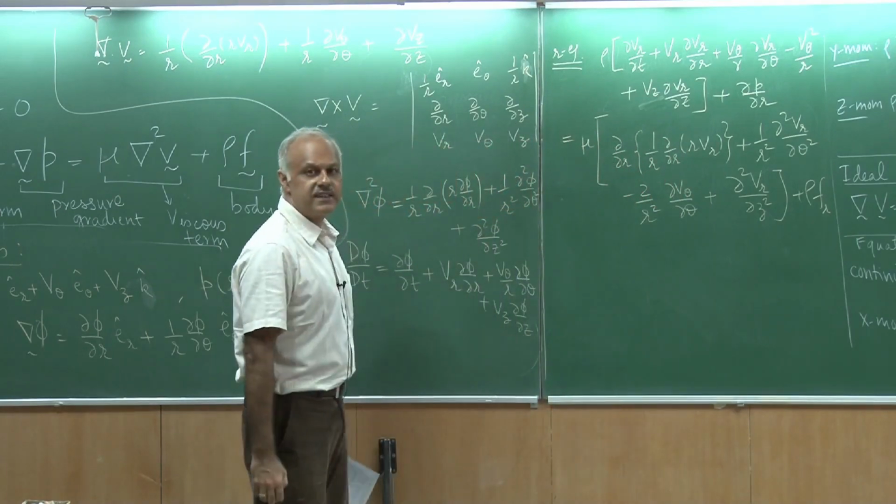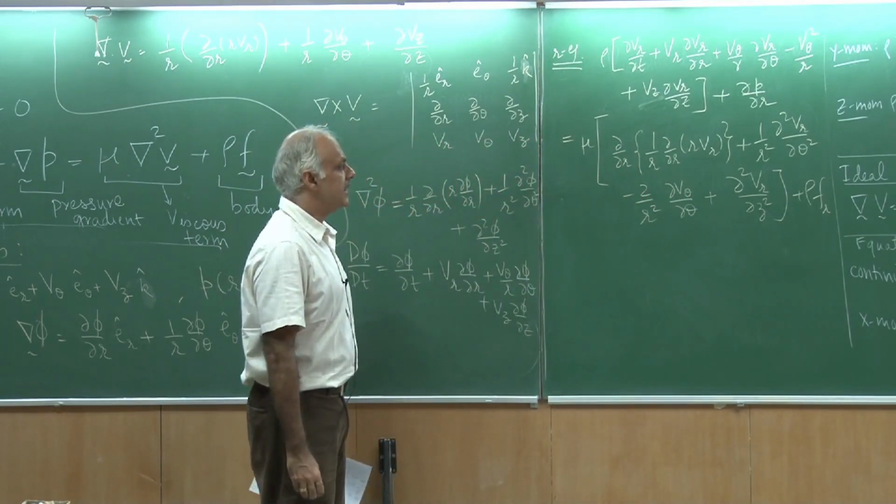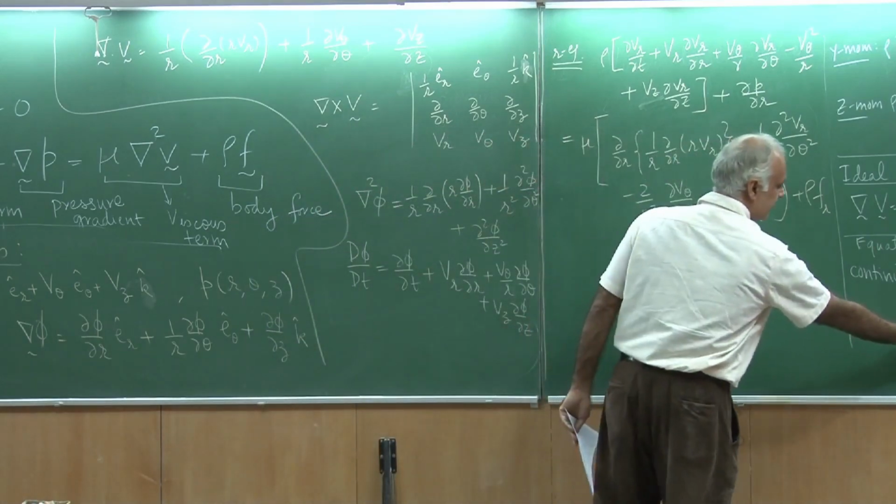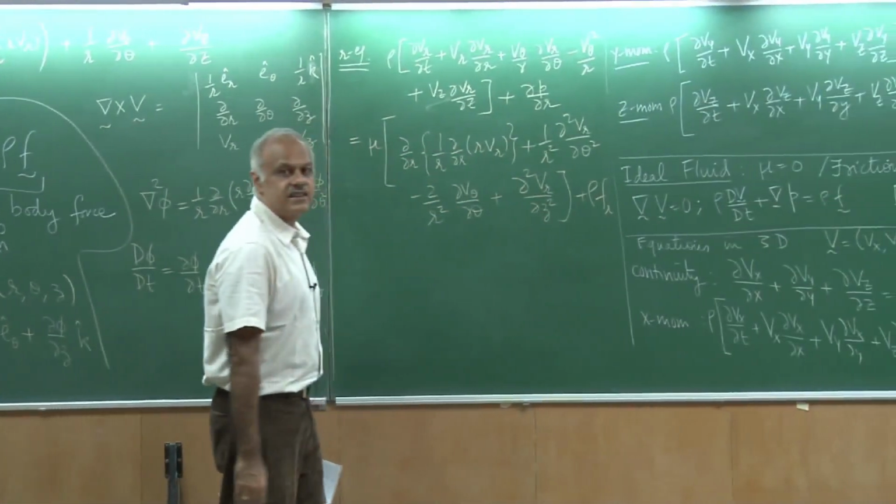So this is the r momentum equation, and you will notice it's far more complicated than the equation that we have here in the Cartesian coordinate system.